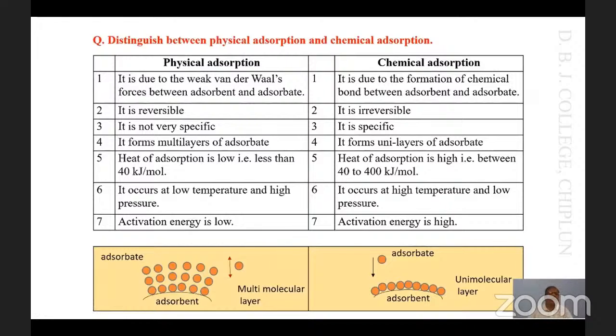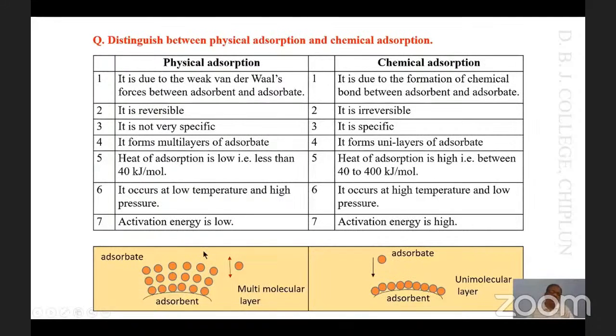As I said just now, if we increase the pressure of a gas over the surface of an adsorbent, then one by one, multiple layers of gas molecules form onto the surface of the adsorbent.